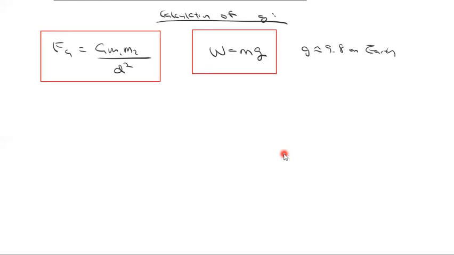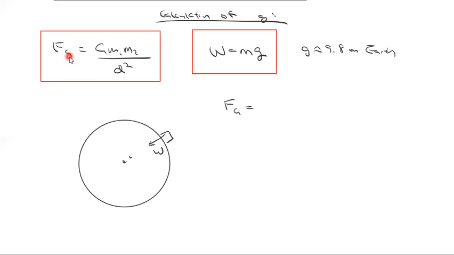If you're on Earth, you've got a weight force pulling you into the center of Earth, but that's just your gravitational field. So really, we can say that Fg must equal W on the surface. If you're on the surface, they're equal. And so that's our condition.